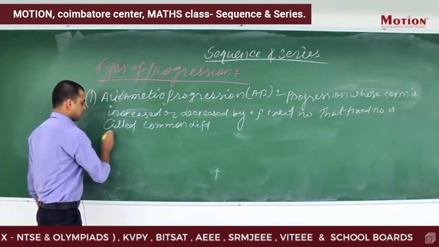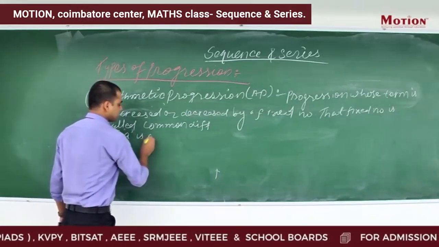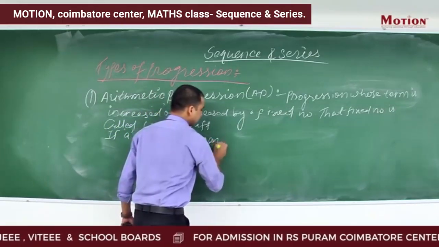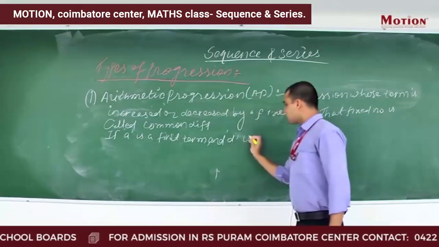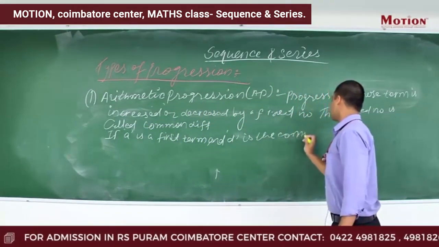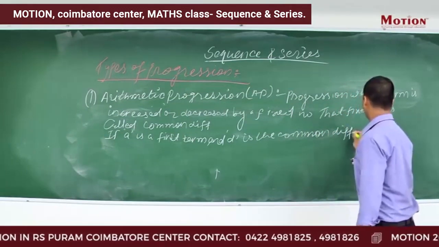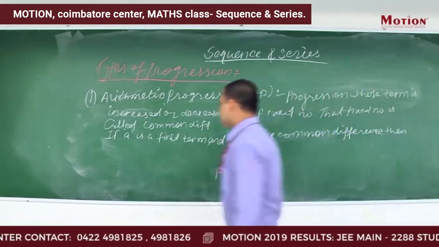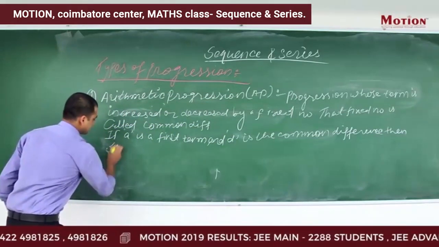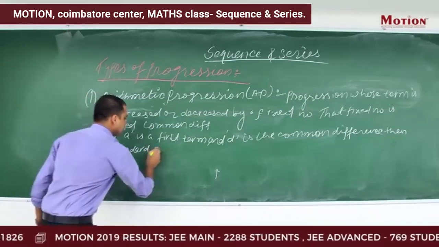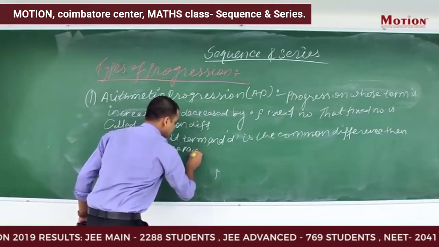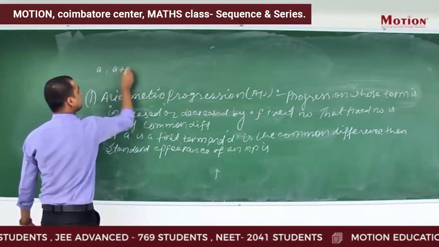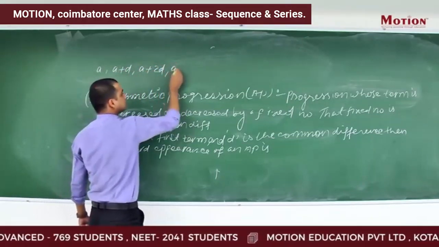If A is the first term and D is the common difference, then a standard appearance of an AP is A, A plus D, A plus 2D, A plus 3D.